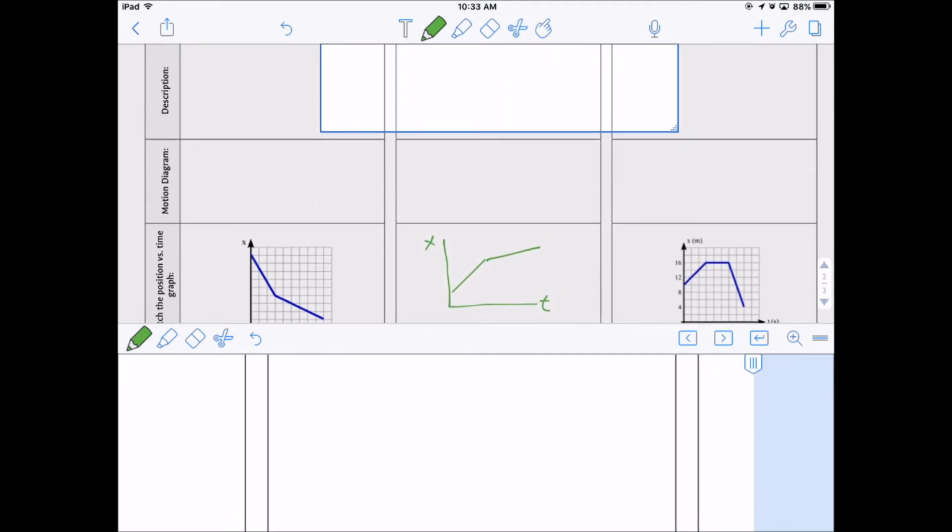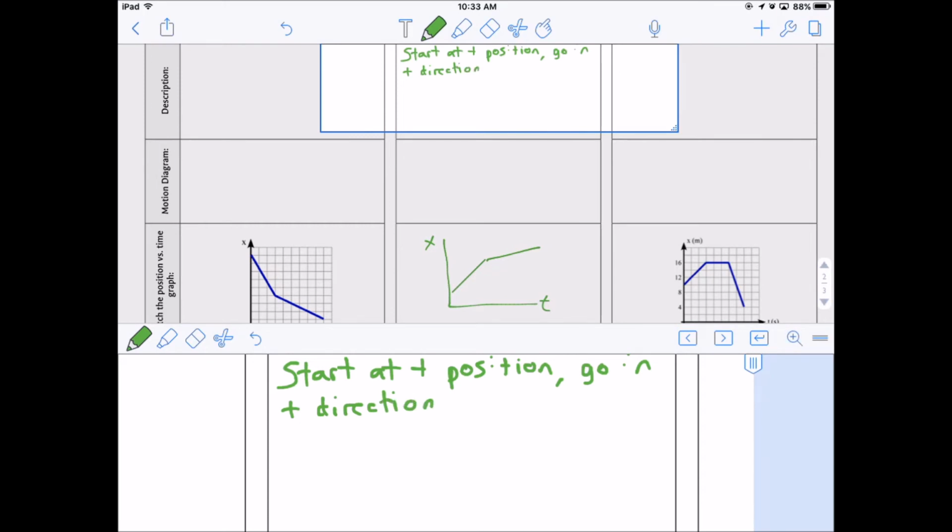So I've got 2 parts of the line here, so there's 2 separate things happening. He's starting at a positive position because he's not at the origin there, and he's moving in the positive direction because my line is going up.